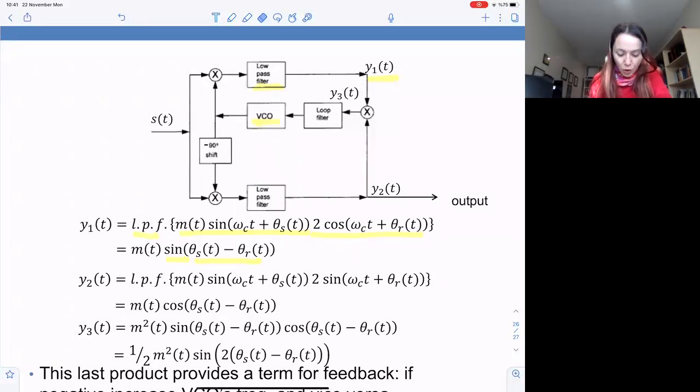So Y1 then is going to be proportional to M of t times some difference theta S minus theta R.